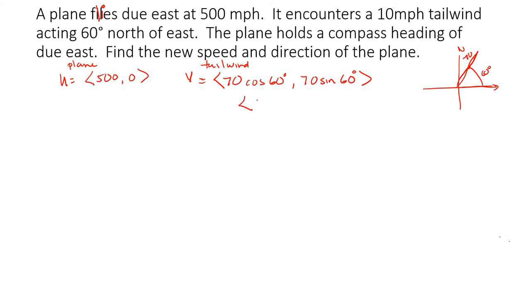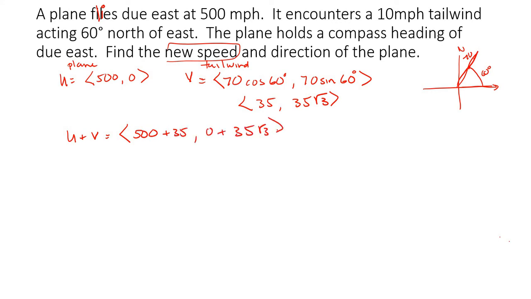Another way of writing this would be 35 root 3. So if I want to find the new speed, I am going to add these components together. u plus v will be 500 plus 35, and 0 plus 35 root 3.